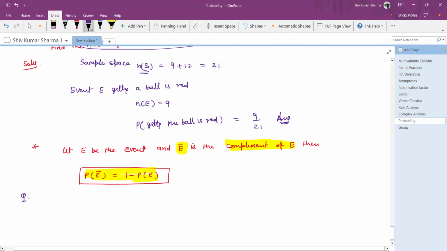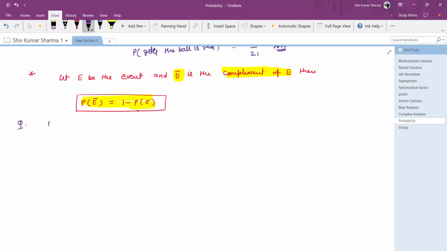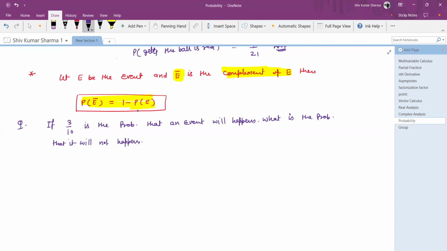Now we take one question related to that. The question is: if 3 by 10 is the probability that an event will happen, what is the probability that it will not happen?